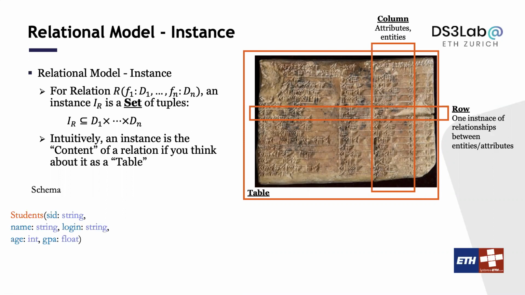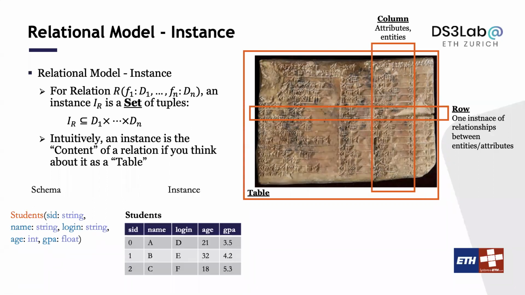So intuitively, an instance is the content of the table. Okay. And let's look at one example. Assuming we have a relation that looks like this, with the name students and 5 attributes, right? So this is one relation instance, one instance of this relation. And you can see that there are 3 different tuples in this instance. So the first tuple has student ID equals 0, name equals A, login equals D, age equals 21, GPA equals 3.5, right?